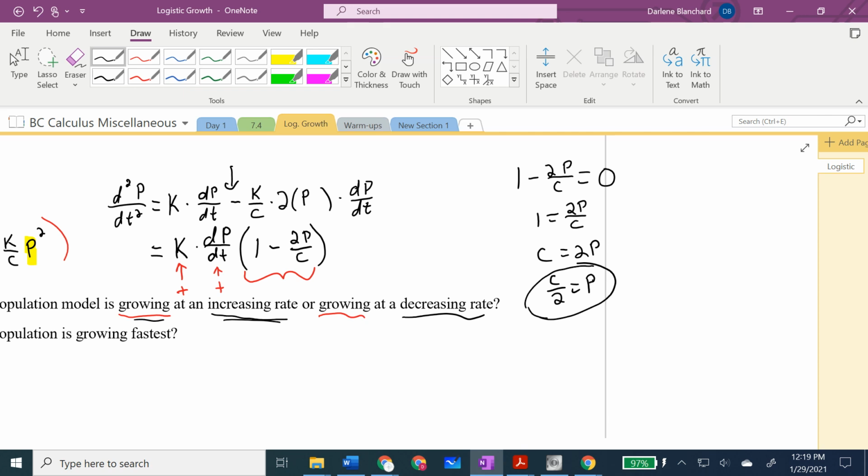And if you think about what carrying capacity really means, carrying capacity means that quantity of people is having just enough to eat to stay alive. That's very different from comfortable.